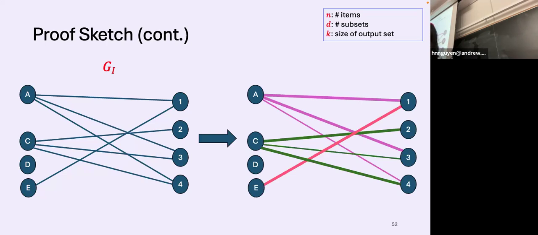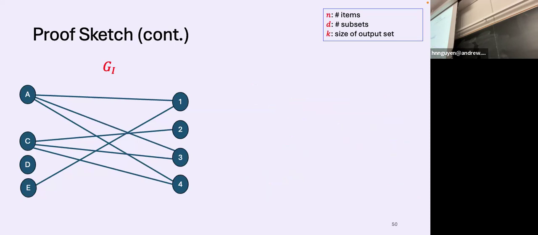For the green, I picked 2 edges. For the pink, I didn't have 2 edges, so I just picked one of them. And so what has happened? What I wanted to argue was that my items are generally well distributed. For my large items, which in this case are A and C, I got d over k of their edges, which is what I need for G star. And for the small item, I got all of its edges. It was just 1.